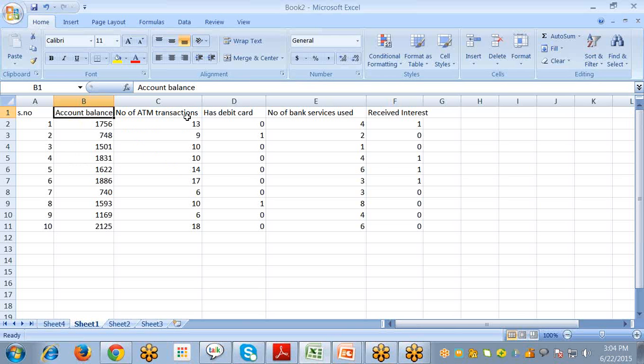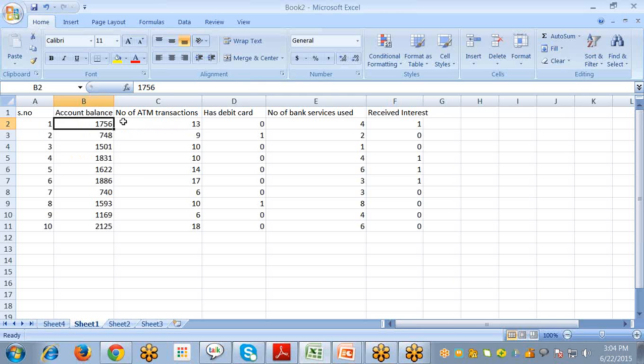This independent variable, number of ATM transactions, is represented by x, and y is the dependent variable. So we can say that y is dependent on x. That means account balance is dependent on number of ATM transactions. So here we want to identify whether there is any relationship between account balance and the number of ATM transactions.